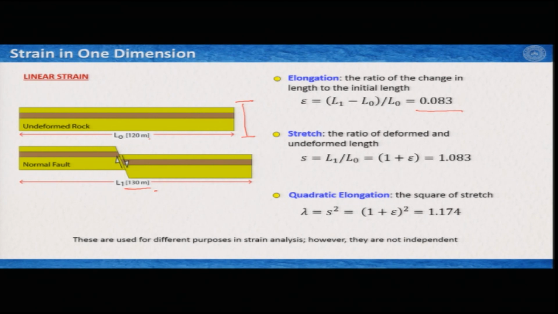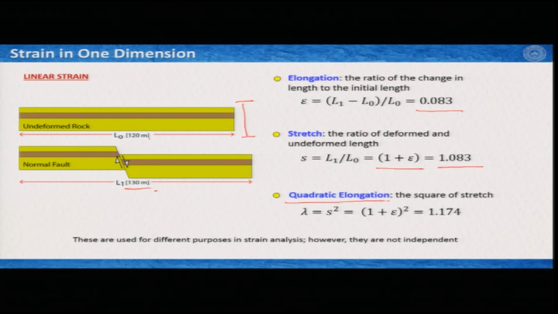As it is a ratio of 2 length parameters, it is dimensionless. The stretch is the ratio of deformed and undeformed length. So L1 versus L0, or you can algebraically manipulate it to get this form, 1 plus elongation, and in our example this is 1.083, again dimensionless.